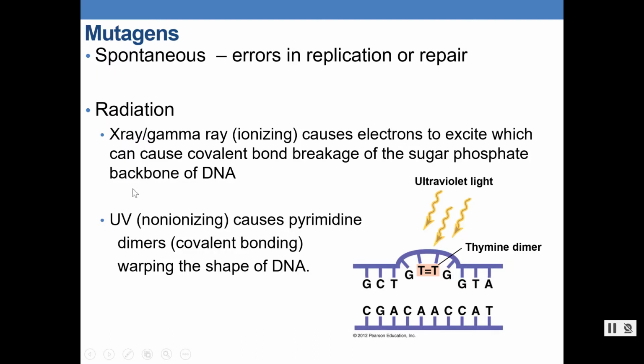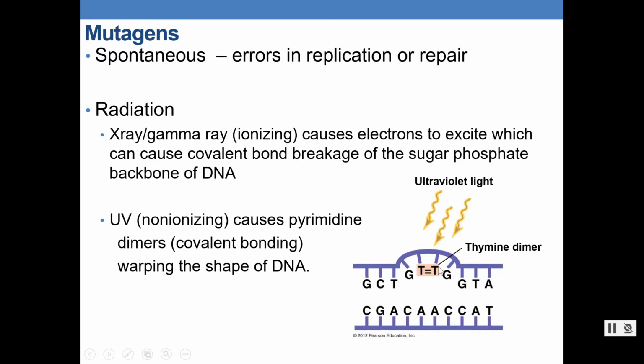Another type of radiation that is also mutagenic is ultraviolet radiation. Gamma rays and x-rays are ionizing radiation. They cause excited electrons. Ultraviolet is non-ionizing radiation, and it affects the DNA a little differently.